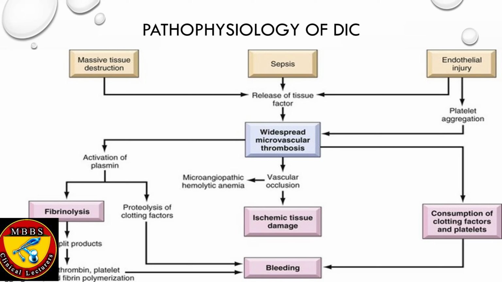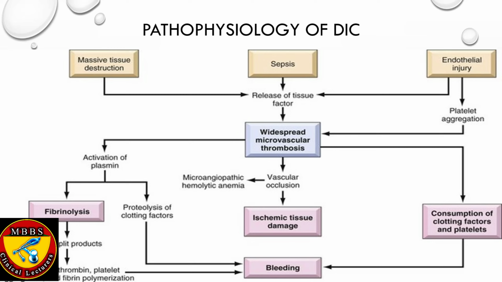Whatever the cause, massive tissue destruction or sepsis by various organisms causing infection or endothelial injury, this all causes release of tissue factor. As you know, the tissue factor is the initiator of the coagulation cascade and initiates the formation of clot. Clot formation is termed as thrombus.